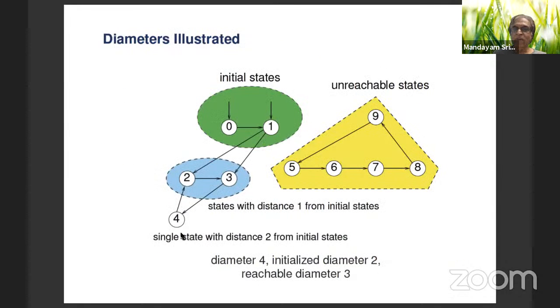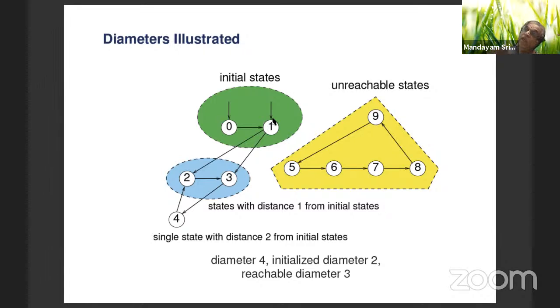So the initialized diameter is the largest distance from an initial state to any state that is reachable from the initial state.